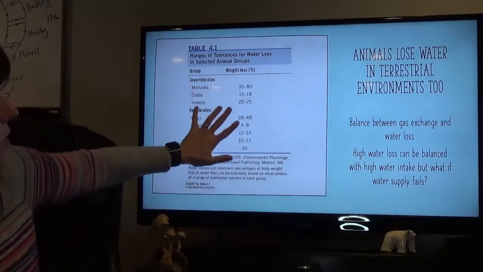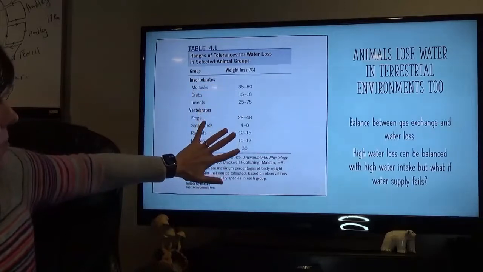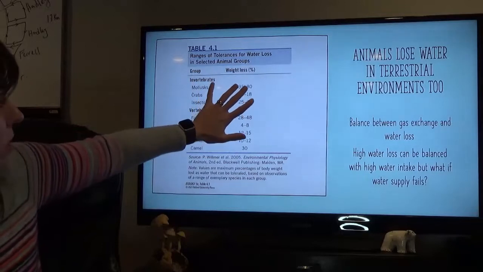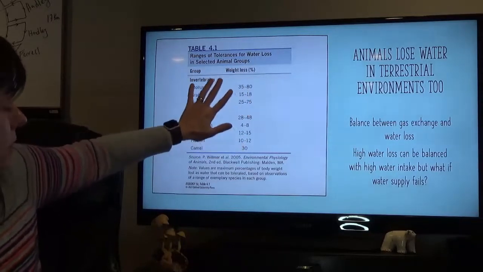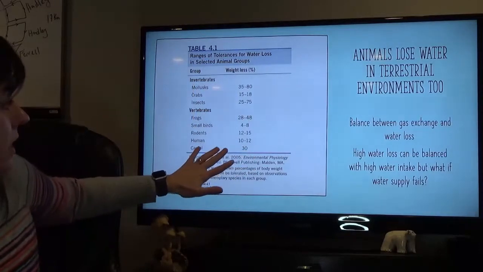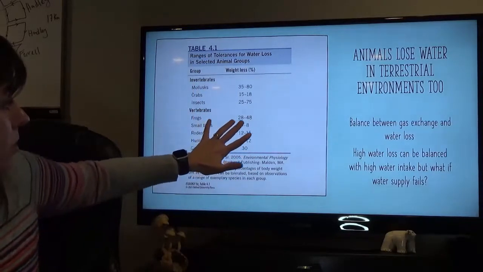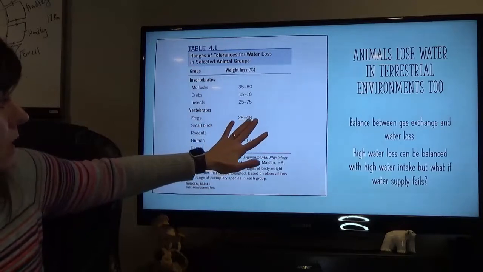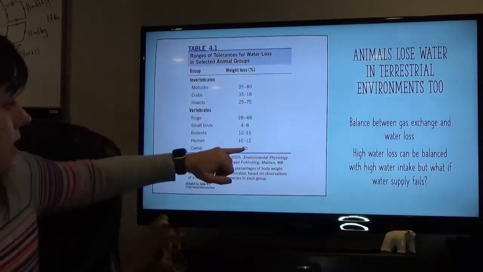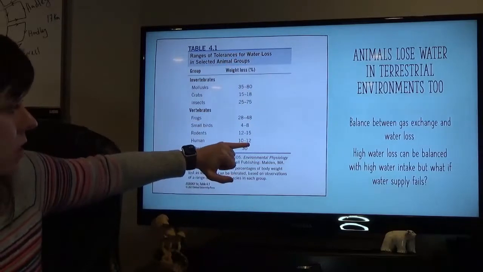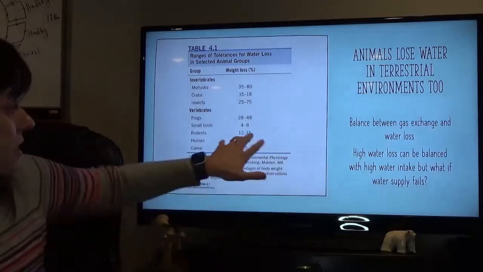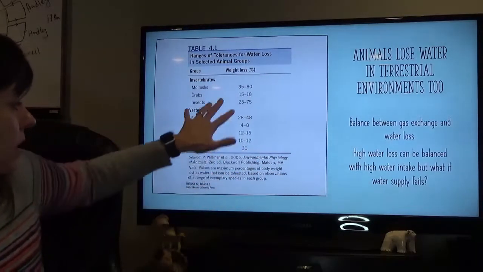And different animal groups have different abilities to tolerate water loss. And so you can see that the range of water loss that different species, here we have invertebrates, that they can tolerate is really wildly variable. So frogs can tolerate 28 to 48% weight loss in terms of water loss, whereas humans can only tolerate 10 to 12%. And these things will vary within any of these groups.